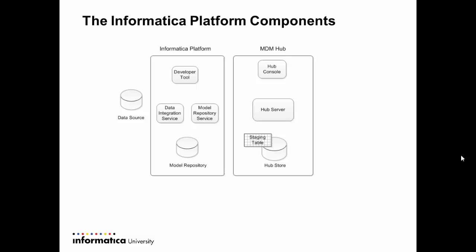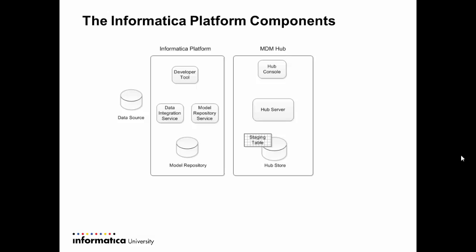Now, the developer tool needs supporting infrastructure, services. That is the data integration service. So the data integration service is a service that's running that transforms data. Of course, we need a database or a repository in which we're going to store our work.